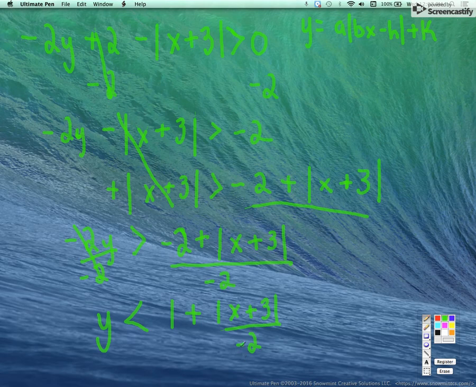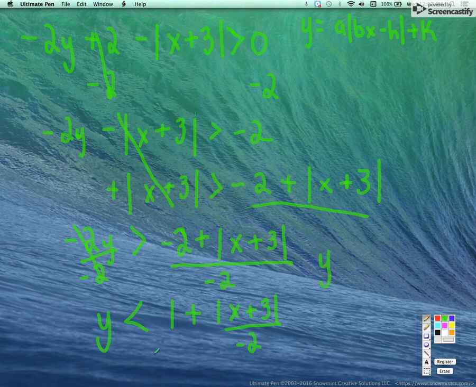When we divide by a negative, that's really the same as multiplying by 1/2. Same if we divided by 4, that's the same as multiplying by 1/4. So we can rearrange this a little bit so it looks a little cleaner and looks more like the standard form. I'm going to write it over here since I have more room.